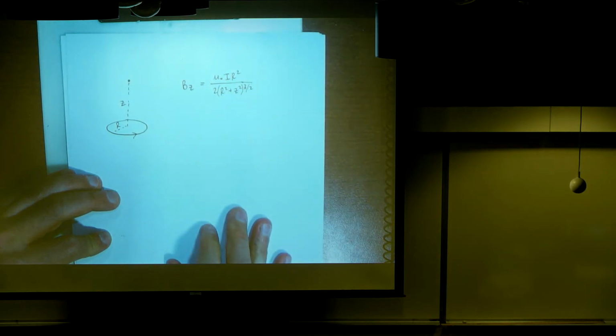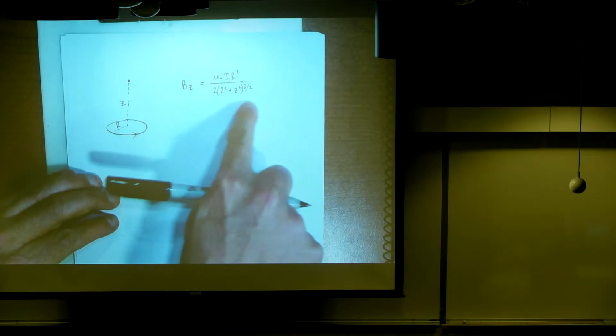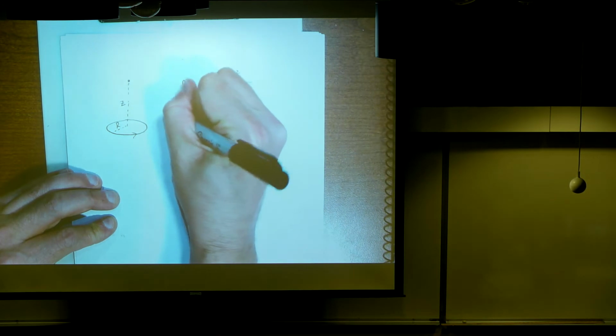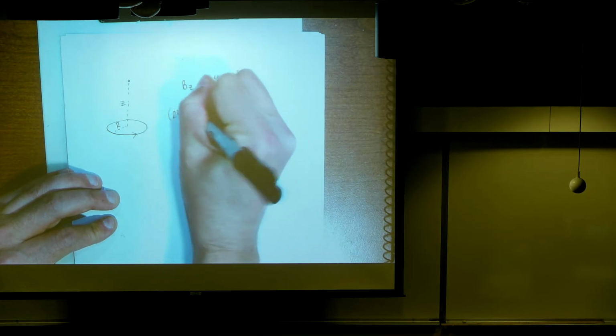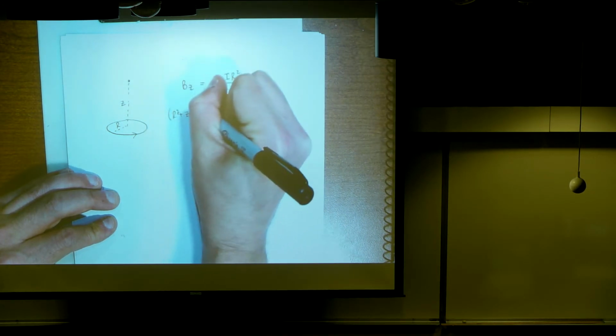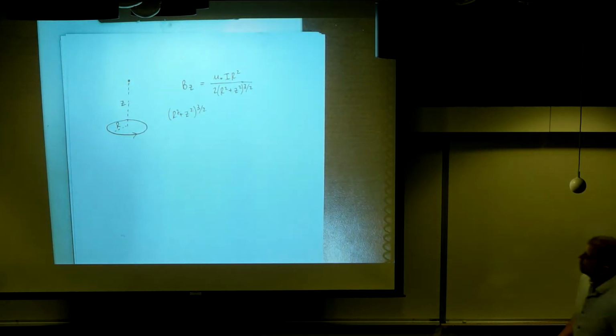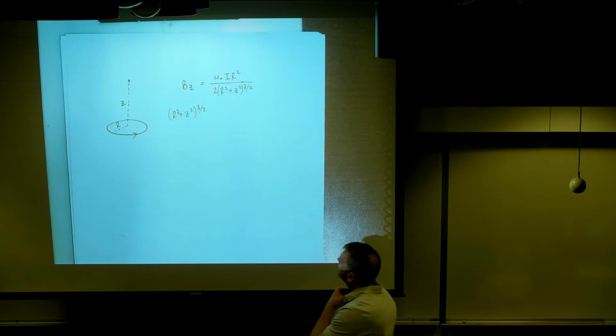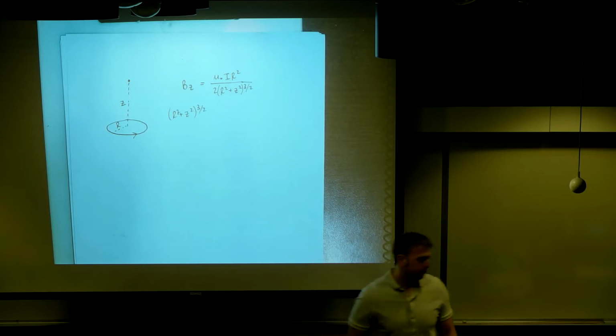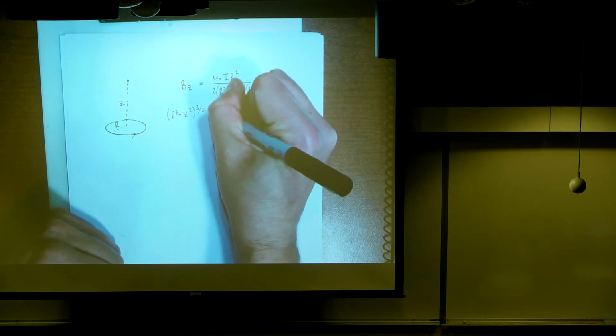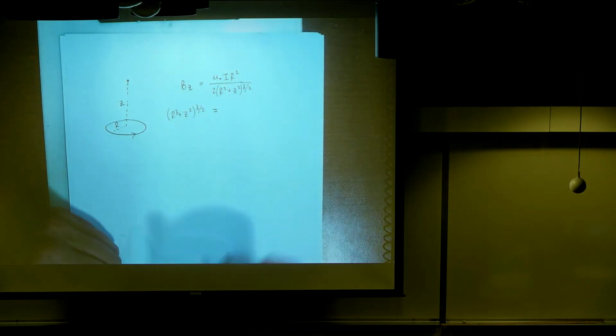Okay? So I'm just going to take a look at this part, r squared plus z squared to the power of 3/2, and try to expand it out just a little bit. The first thing I'll do is take just the part that's in parentheses and pull out a factor of z squared.